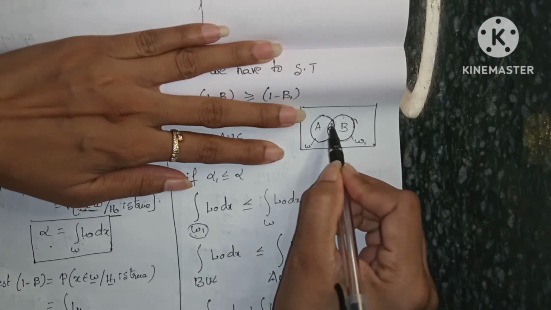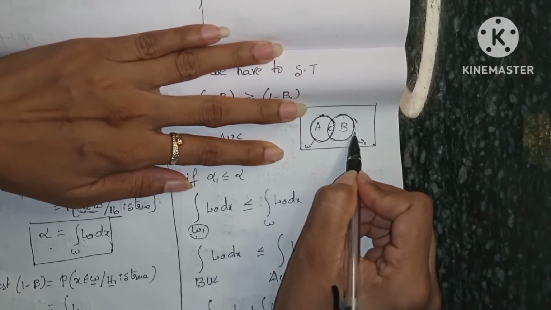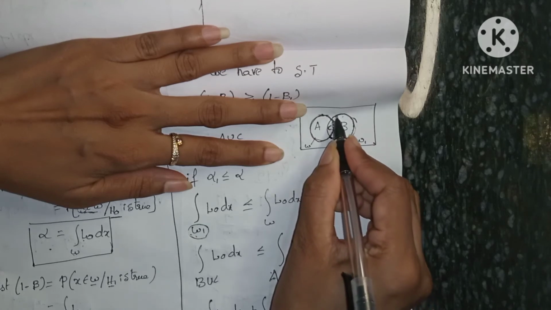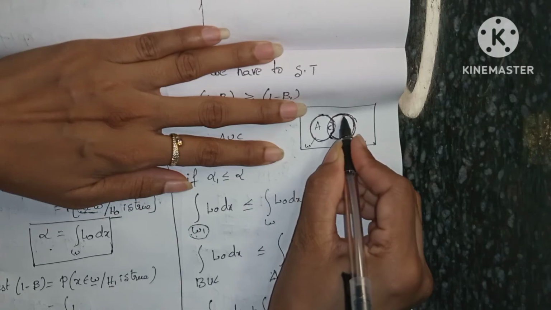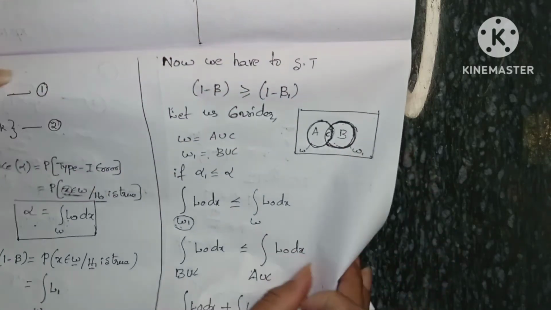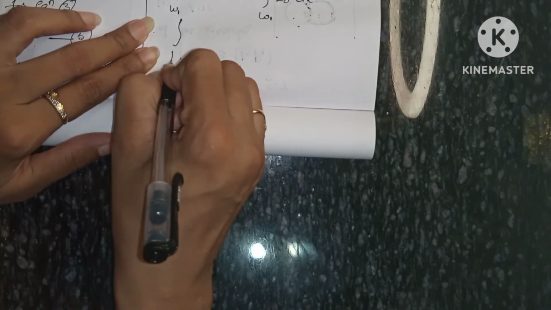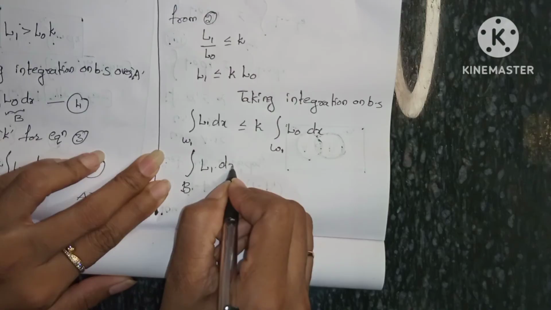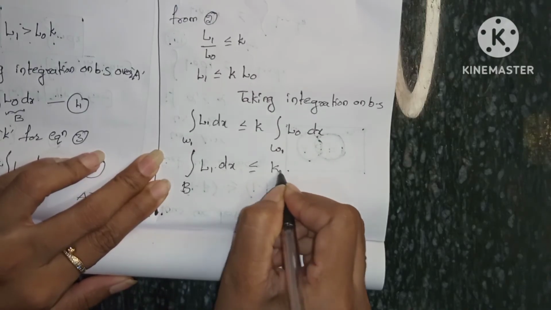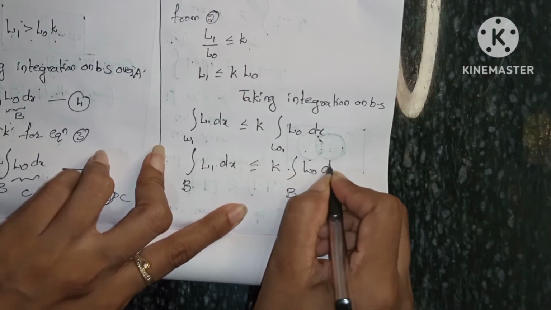That means we are having only the set B. So instead of omega 1, we have to take B: integration B L1 dx less than or equals to K into integration B L0 dx.